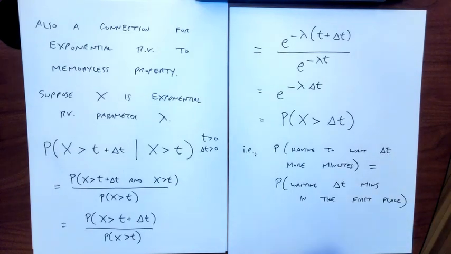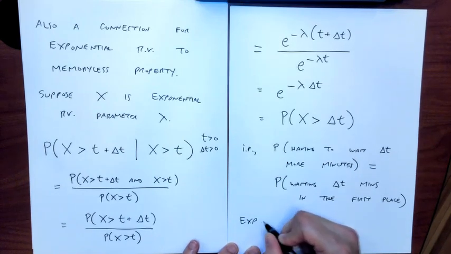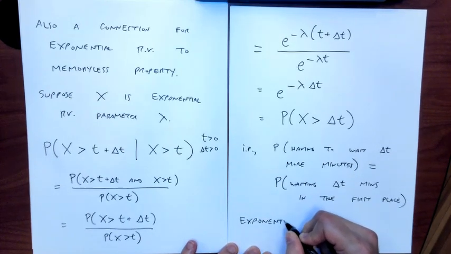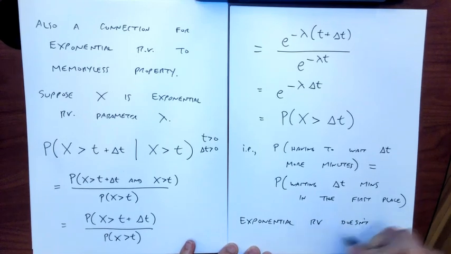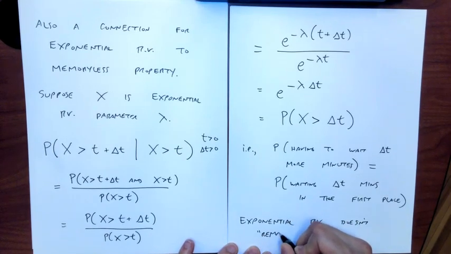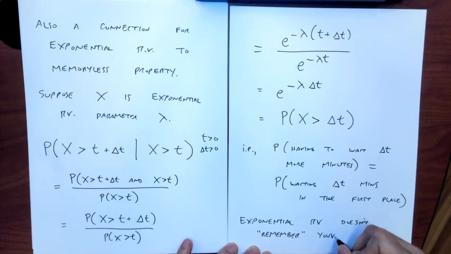That is, the exponential random variable doesn't remember that you've been waiting.